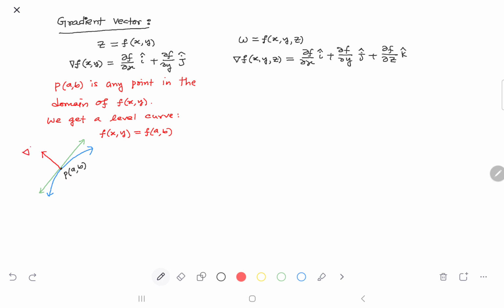The gradient of f at a comma b will give you the normal vector to the tangent line. Clear? Very good. So let me tell you one example.